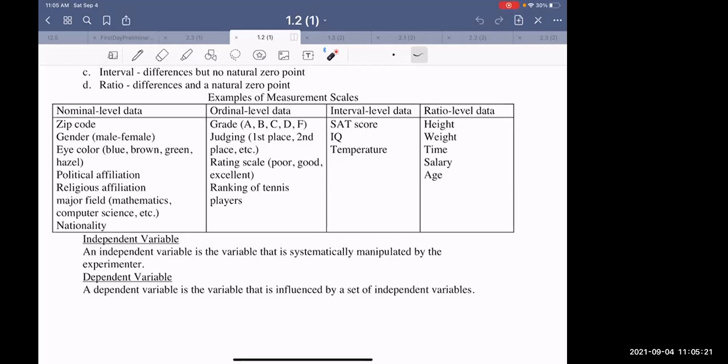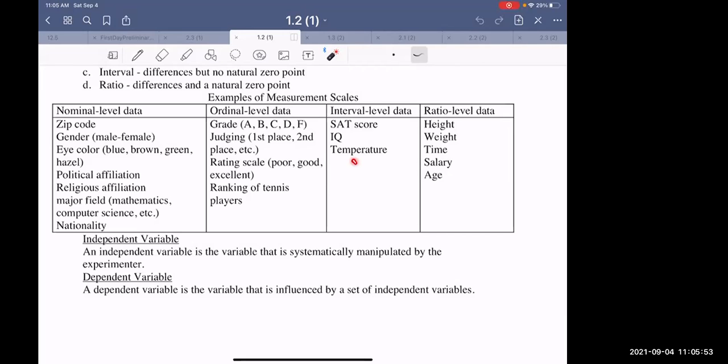But if I say I got a score of 50 on the IQ test and you got a score of 100, well, I didn't do twice as good as you, right? A score of 100 is not twice a score of 50. Similarly, an IQ score of 0 does not mean you have no IQ. It just means you have a score of 0, right?